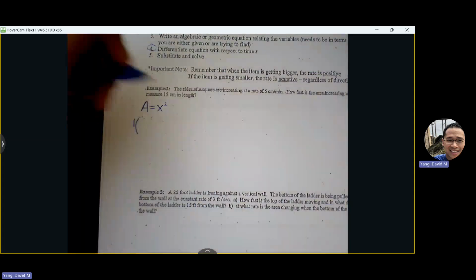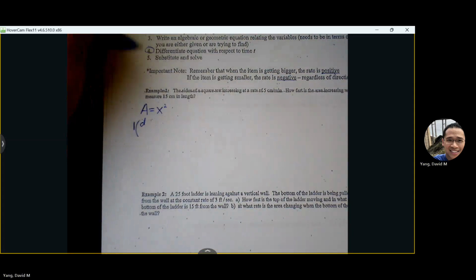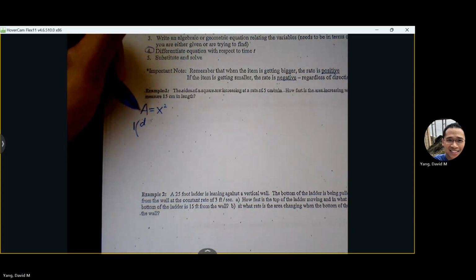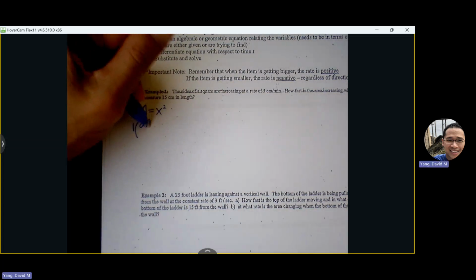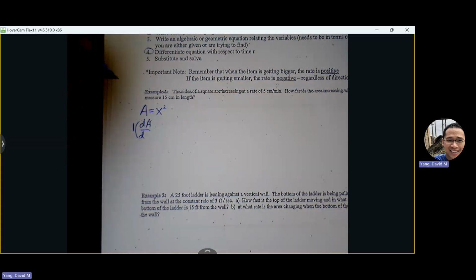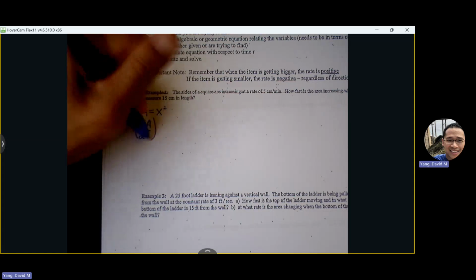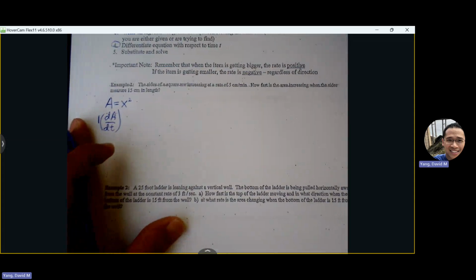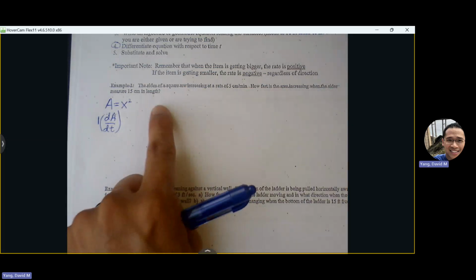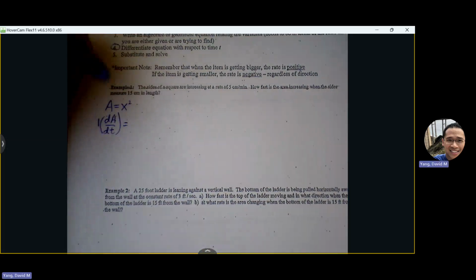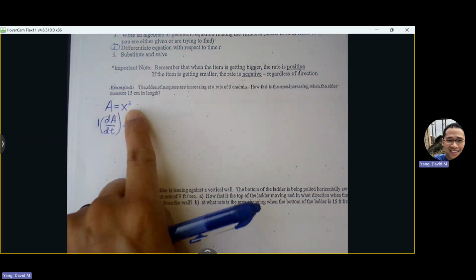So it'll be what? What's the variable here? dA over dt. Yeah. So time is going to be the underlying. You see there's mentions of time all the way through this problem. Okay. Equals x squared.